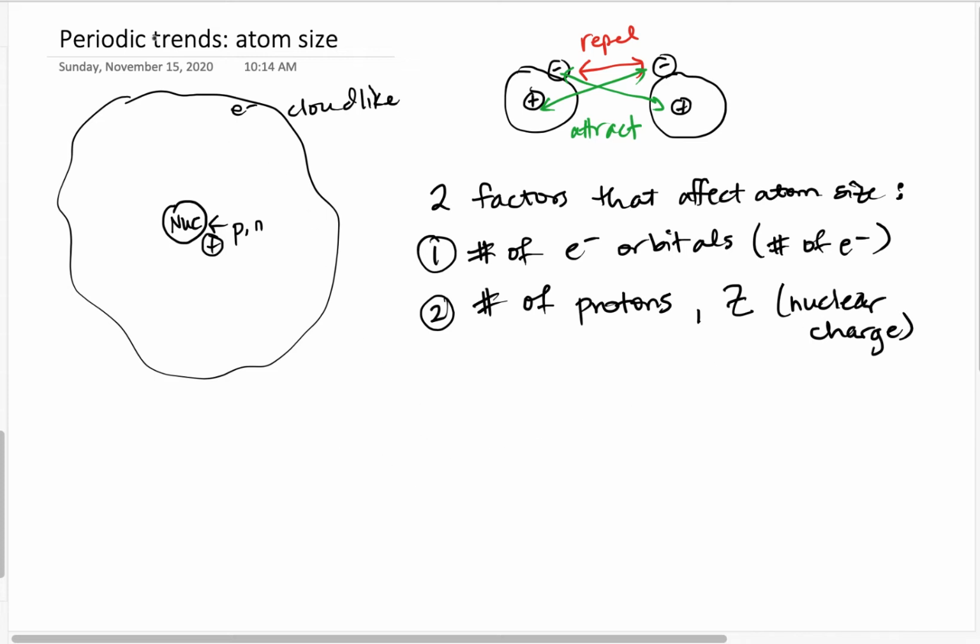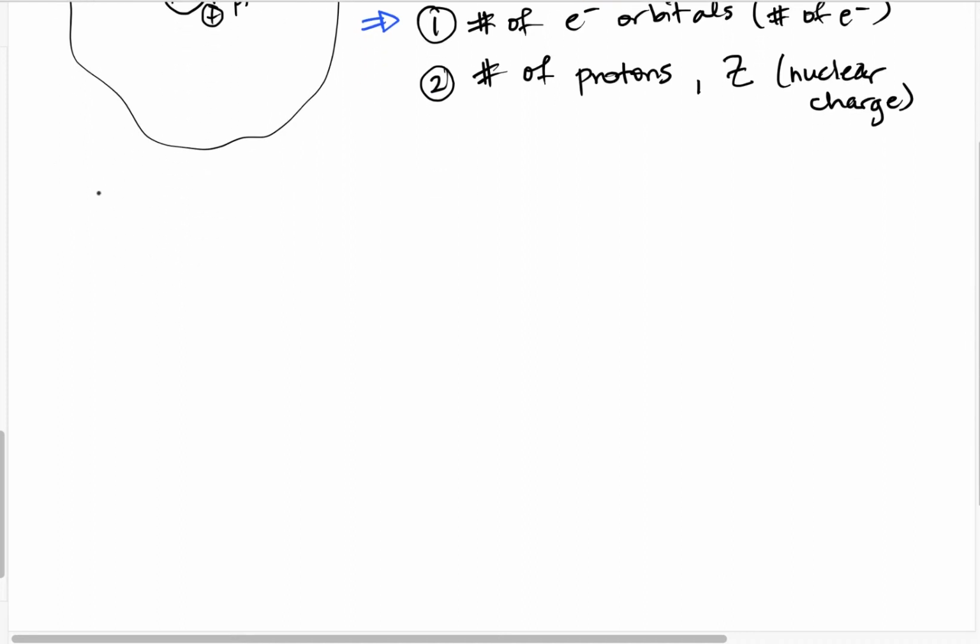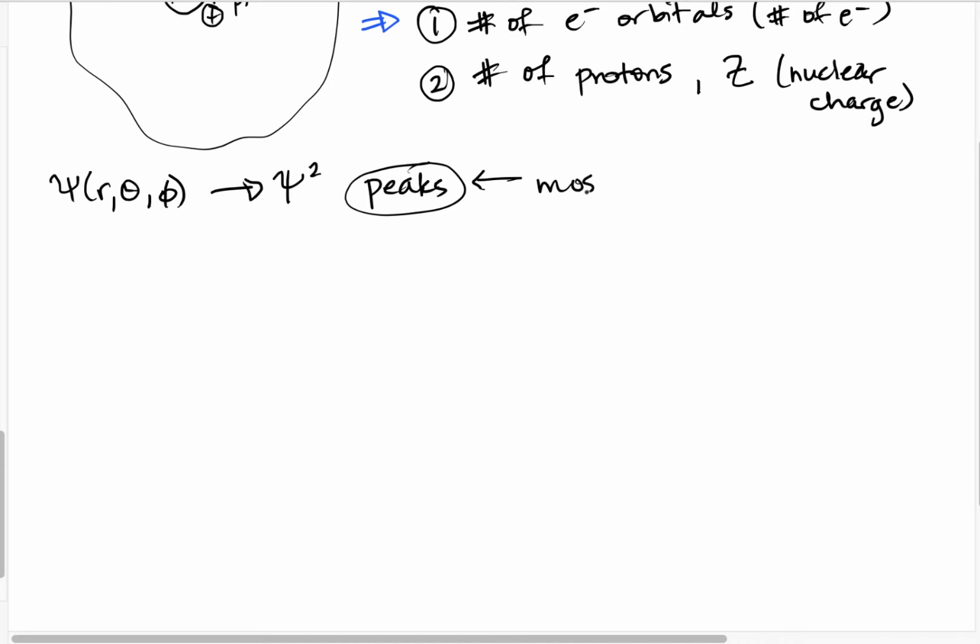So we can get an idea about how the number of electrons affects the size of the atom by refreshing on what we saw with the shape of these mathematical functions for the Schrödinger equation. And really what we want to do is look at the square, because the tallest peak was where we had the most likely location for the electron.